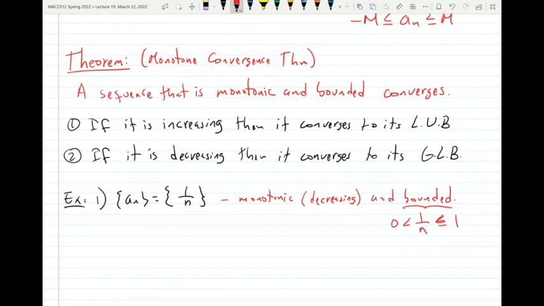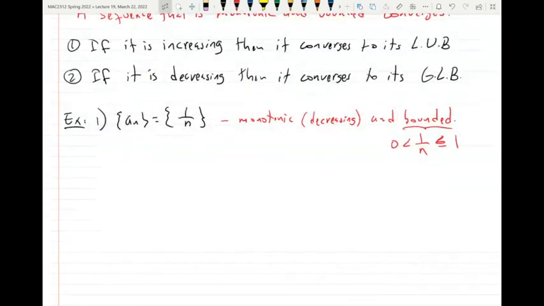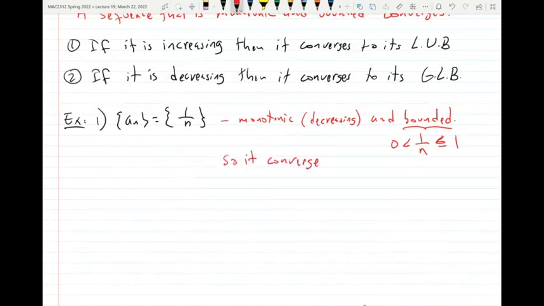And 0 happens to be the greatest lower bound, because for anything above 0, you can find an n that makes the term lower. Give me any number that's bigger than 0, and I can find terms in my sequence that are less than that number by making n big enough. So it converges to 0.